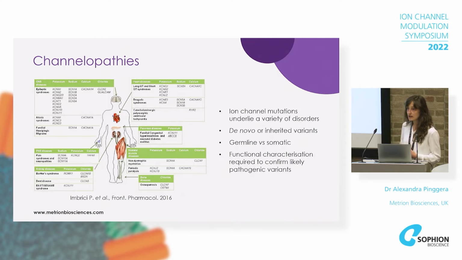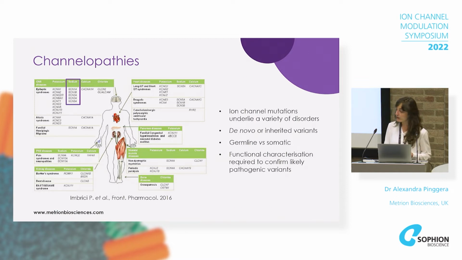Such germline variations can occur spontaneously, which are called de novo mutations, or they can be inherited. They can be present in the germline or restricted to a specific tissue, which are called somatic mutations. As I just said, it's important to functionally characterize such ion channel mutations to confirm that they indeed have a pathogenic role.